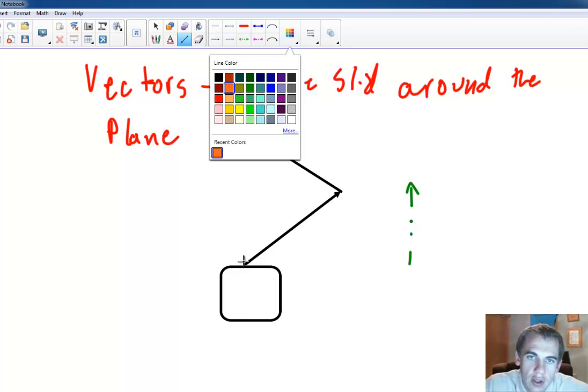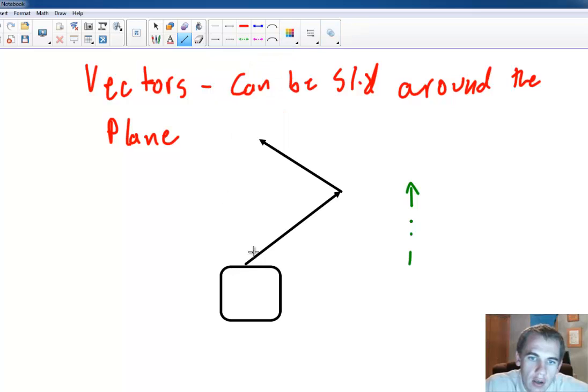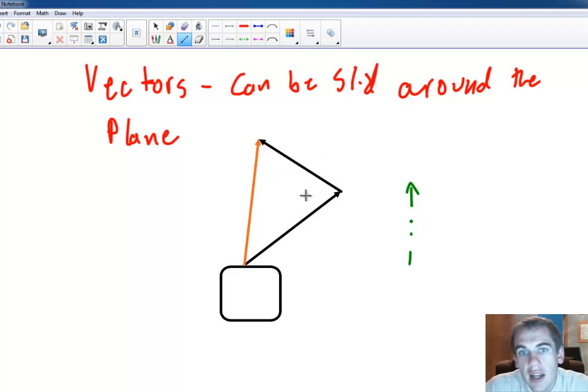We start here, the tail of the first one, to the tip of the last one. From that we can see that the majority of this is up, but it's also going to go a little bit to the right. Now we can measure the lengths and the angles, and we can tell everything we want about that resulting vector. Now I'm going to show this to you in another way.